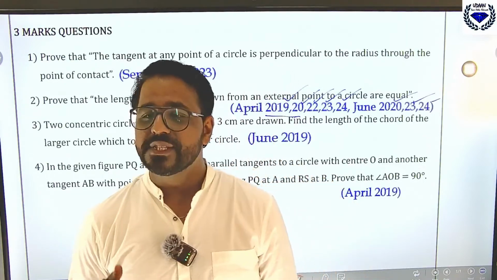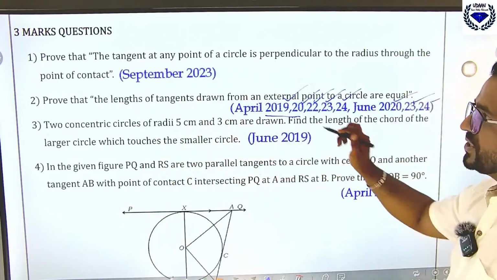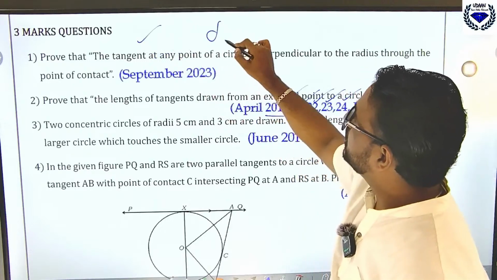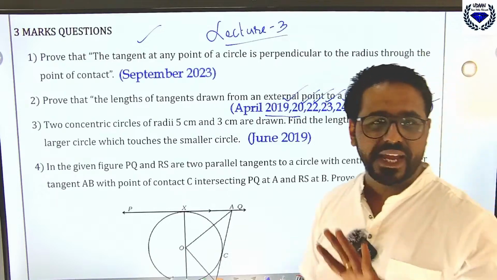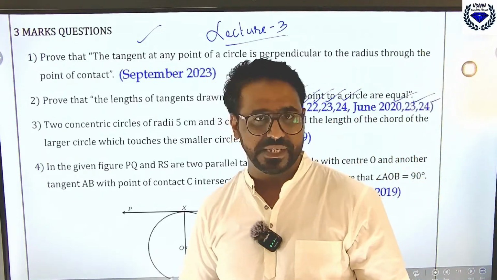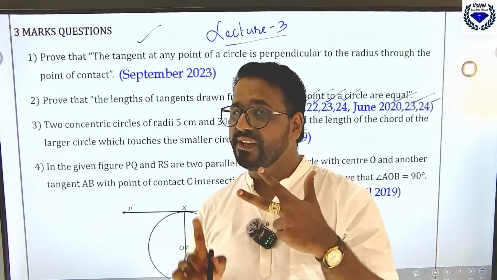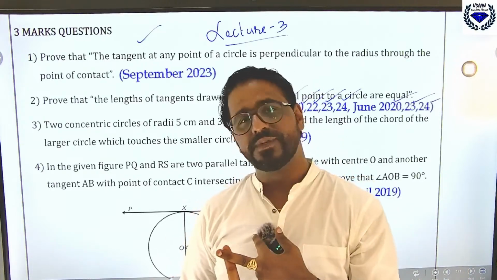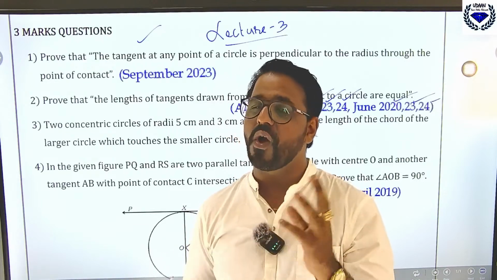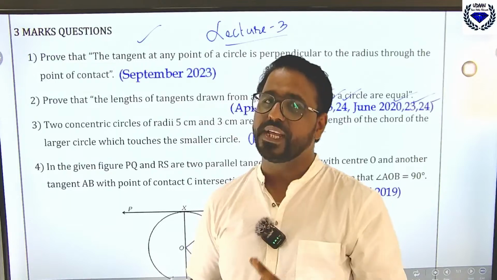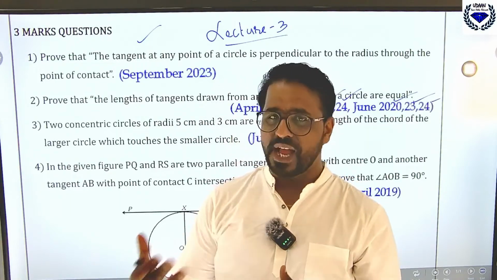Coming to question number 1 for 3 marks, this is my lecture 3 on solving the 5 years previous year question papers. I have included 2019, 2020, and 2021 had only objective type questions due to COVID, so I didn't include that. Then 22, 23 and 24, all the 3 exams have been included. Subsequently, all chapters I will be solving in upcoming days.